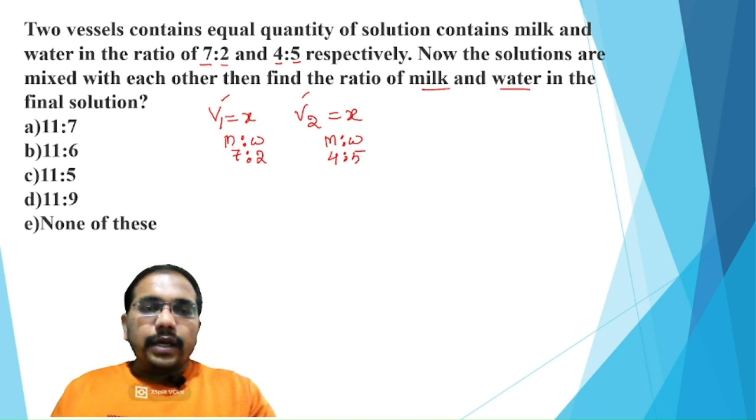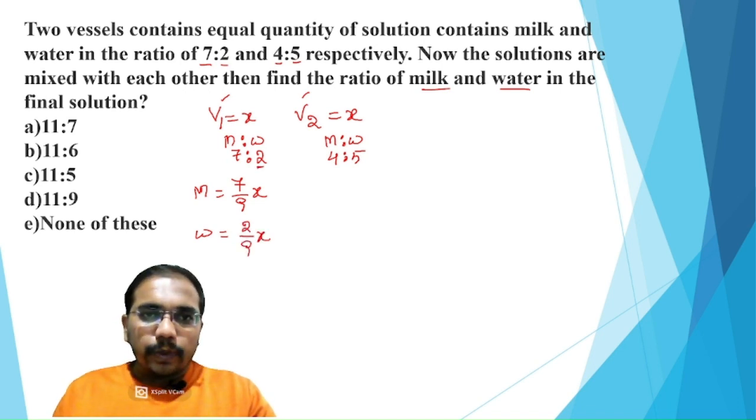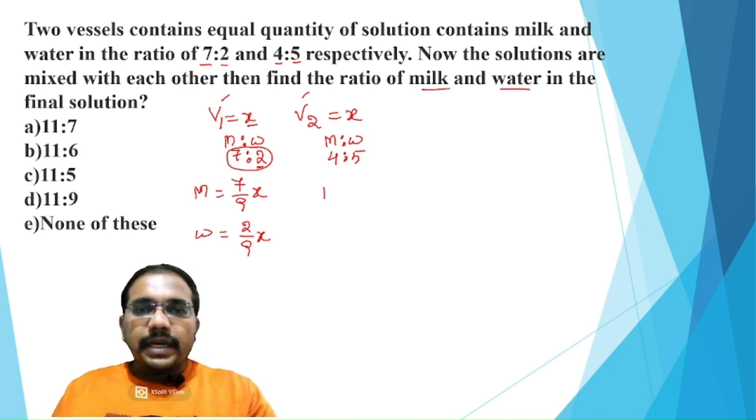Vessel 1 milk is 7 out of 9 parts into X. Water in vessel 1 is 2/9 of X, because 2 parts out of 9 parts, and the total quantity is X. Vessel 2 milk is 4/9 of X, and water is 5/9 of X.